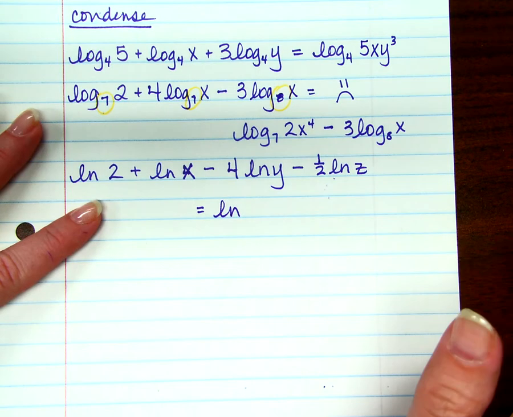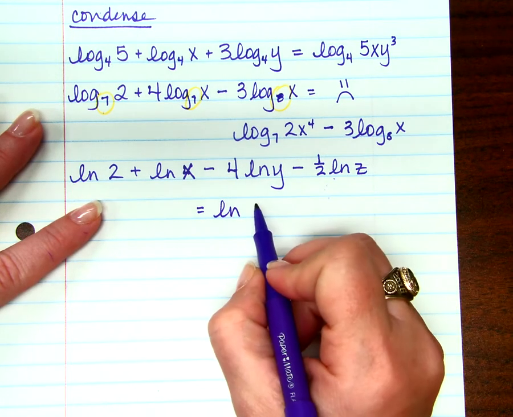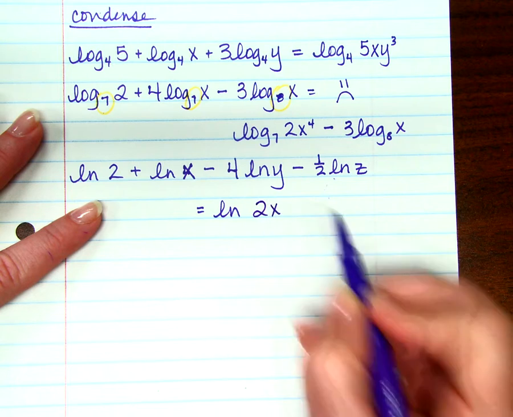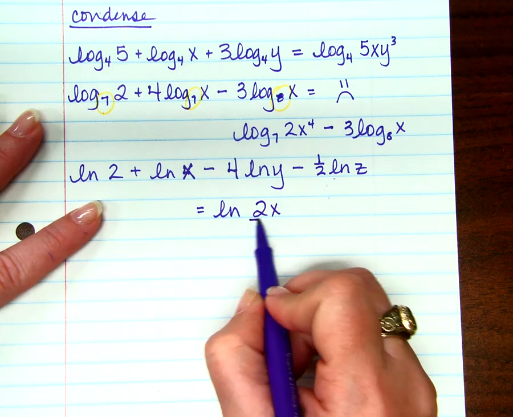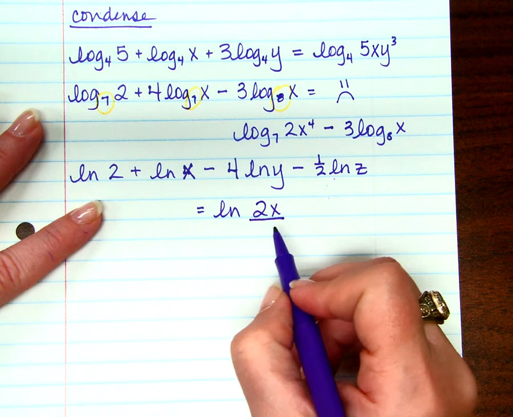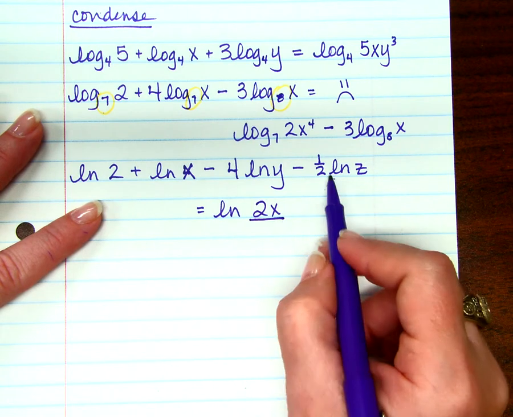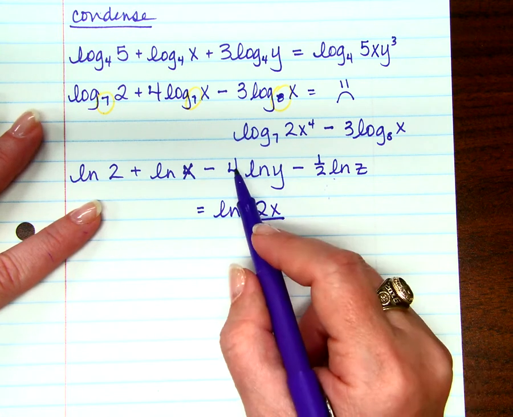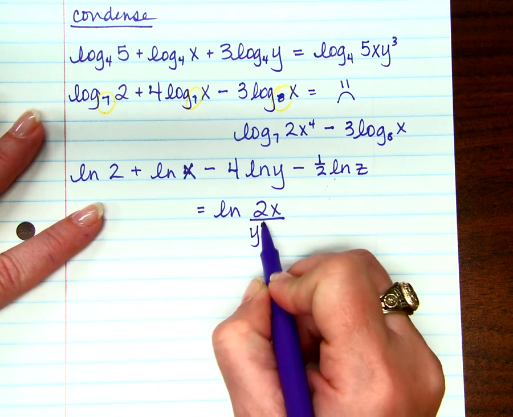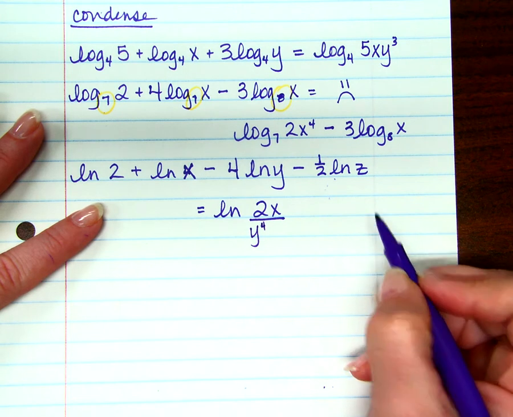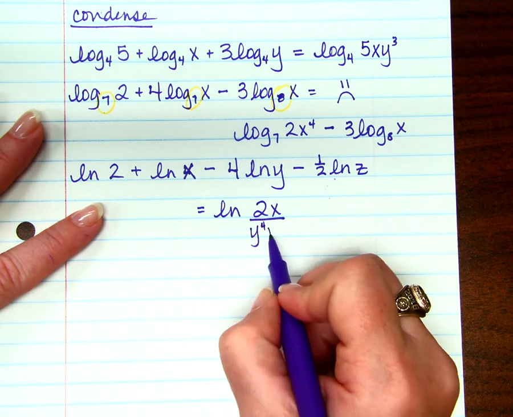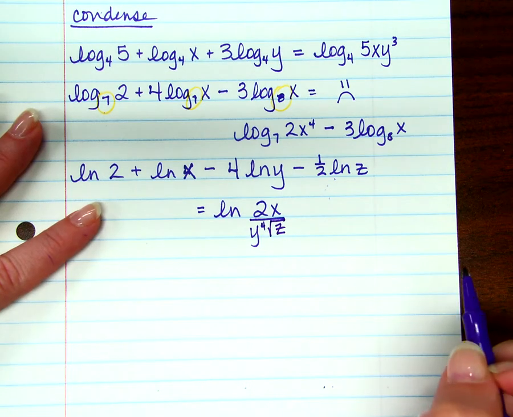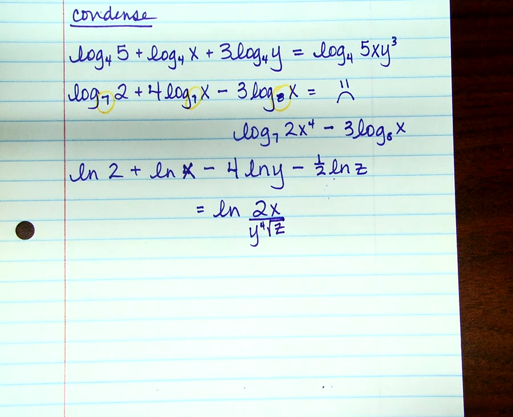No, I don't even have to write the e. 2x divided by y to the fourth, and then square root of z. Right? I could put z to the 1/2. That would be perfectly fine. But I see that you're remembering that raising to the 1/2 power is the same as square rooting, right?